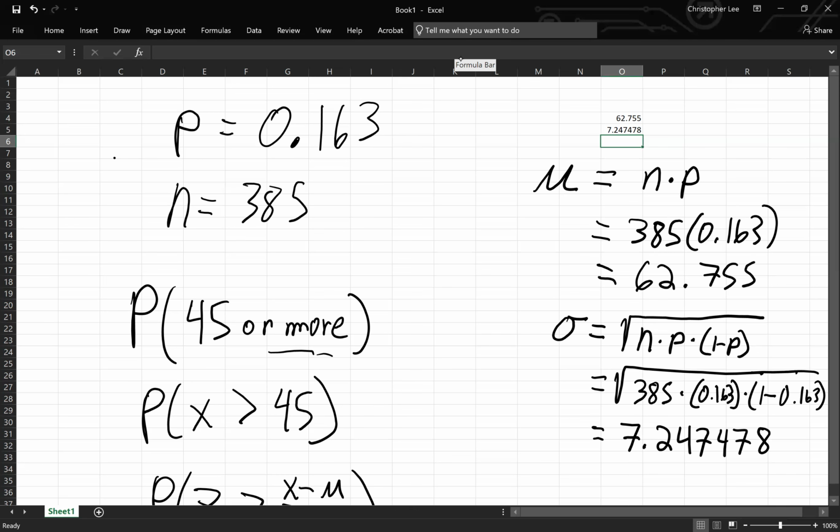So that's my mean and my standard deviation that you guys see right here. Right? All right. Remember when we was doing this lesson though, right? That there's a little bit of a correction, right, that I have to make, right?